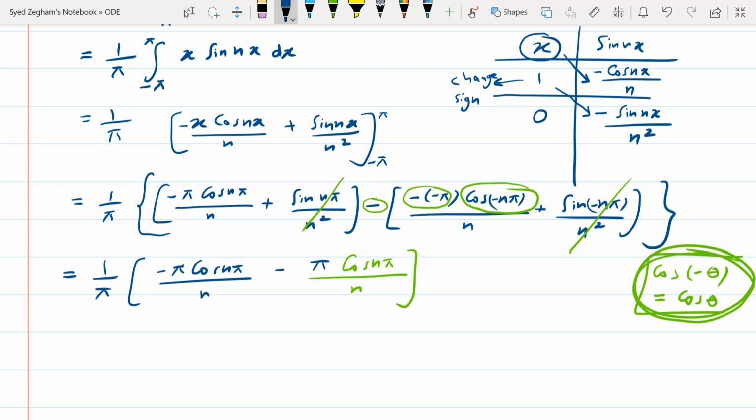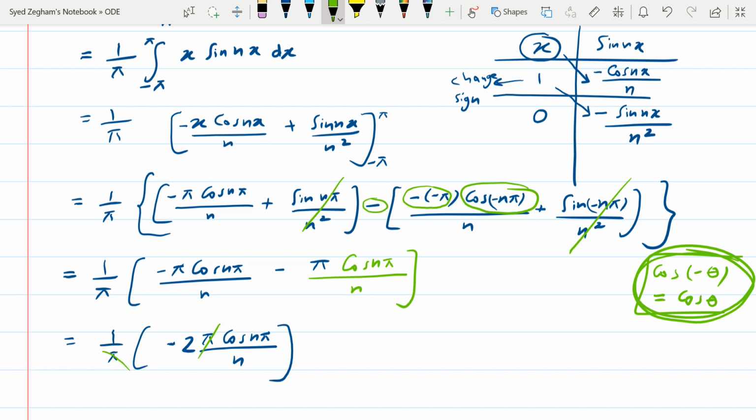So finally, we are getting 1 over pi, minus cosine n pi divided by n, and both are the same, so that will become 2 times, right? And if you observe, this pi will get cancelled with the pi outside the bracket.